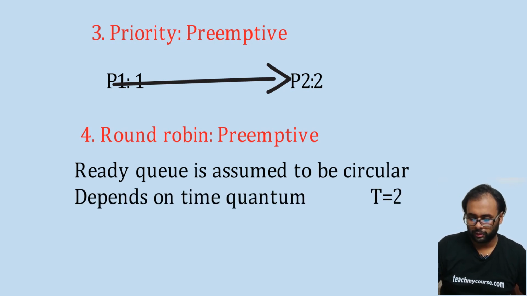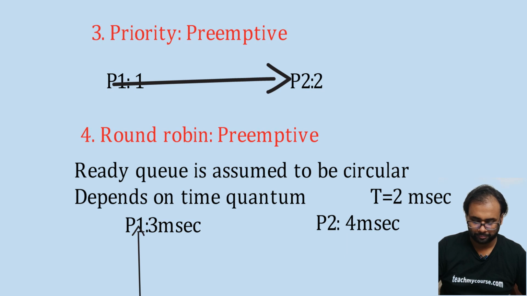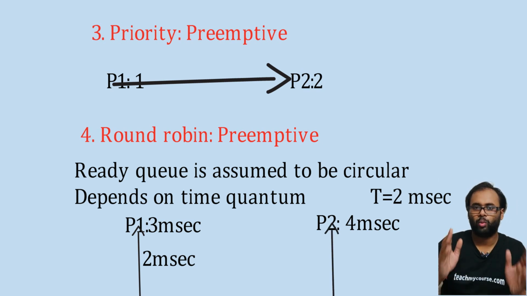For example, with a time quantum of 2 milliseconds, if P1 has a burst time of 3 milliseconds while P2 has a burst time of 4 milliseconds, then suppose P1 starts its execution first in the circular queue inside the RAM. It is executed only for 2 milliseconds because in round robin the time quantum is defined as 2 milliseconds. So a process, at one go, cannot be executed for more time than the time quantum defined.